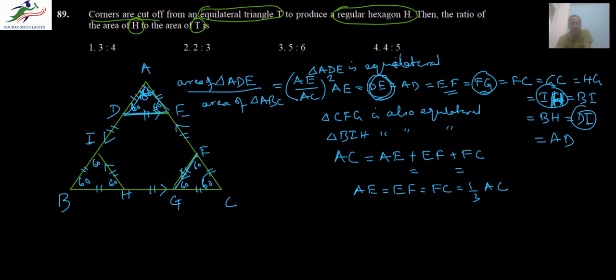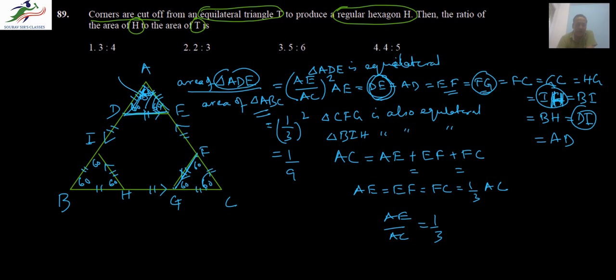Now AE by AC is 1/3. Therefore this is equal to 1/3 whole square, that is 1/9. So the area of triangle ADE is 1/9 of triangle ABC. So this area is 1/9 of the big triangle.